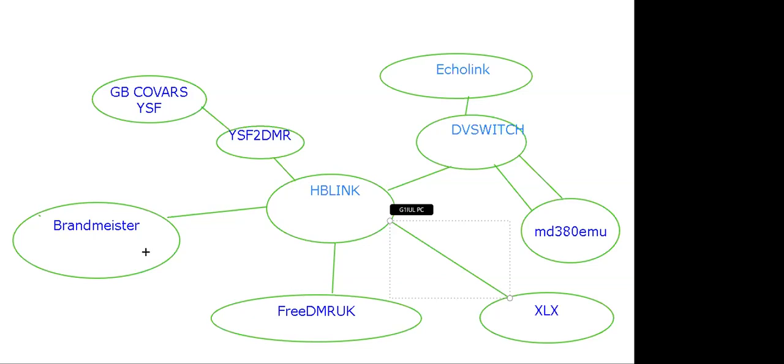Hence that's how we've got the functionality that anyone still on Brandmeister and anyone on Free DMR UK can happily talk away to each other on DMR on the cars talk group because they're bridged through this link here. Same way with Fusion, someone on Fusion can talk to someone on Brandmeister or Free DMR or Echolink. And this system, I've been asked a few times, is in place 24 hours a day.